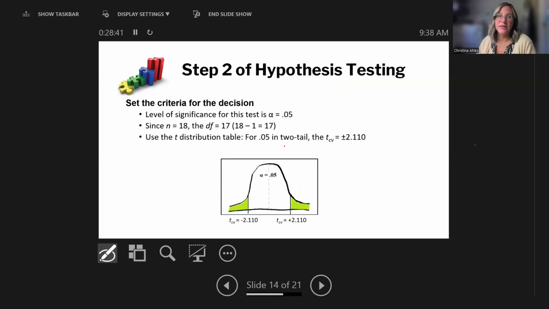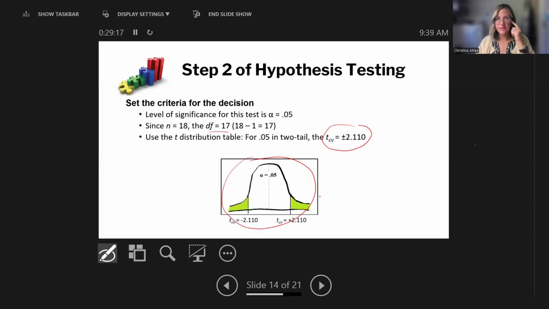Step 2 is setting the criteria. So we know it's alpha 0.05. Our sample size was 18, so the degrees of freedom is 17. And you're going to look that up in the t-distribution table. So you're going to look up 0.05 two-tailed with a degrees of freedom of 17. You should be finding 2.110. Now, when you write that, you should basically have this set up.